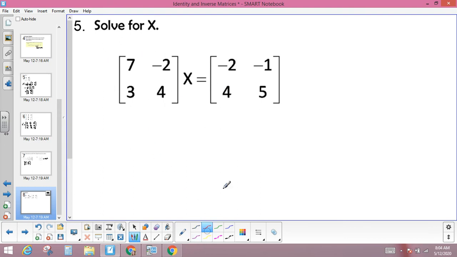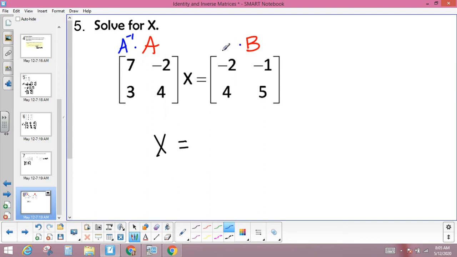So if we call this matrix A and this matrix B, because we're going to use our calculator, then to get rid of matrix A, to make this become just a 1, or the identity matrix, then I need to multiply A by its inverse in order to get the identity here and just be left with X, which represents a matrix. All right, so over here, I'm also going to multiply by the inverse.